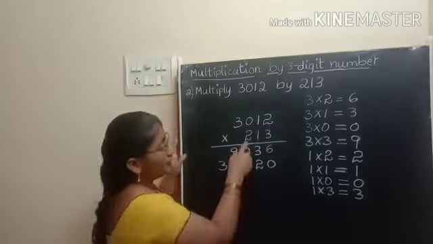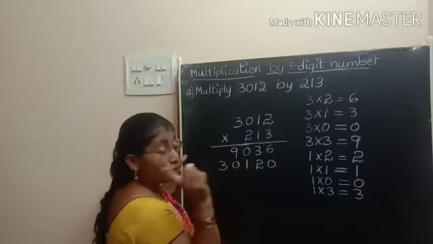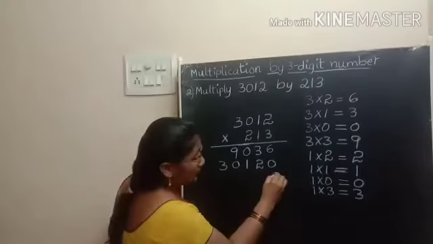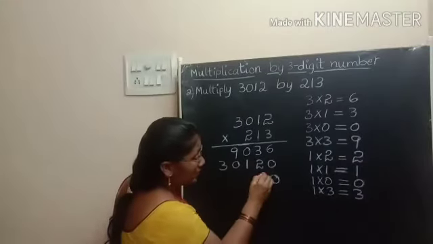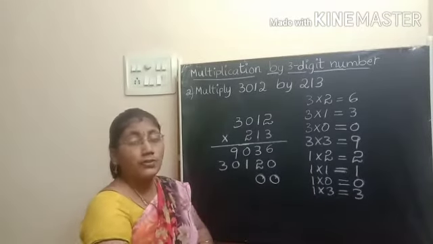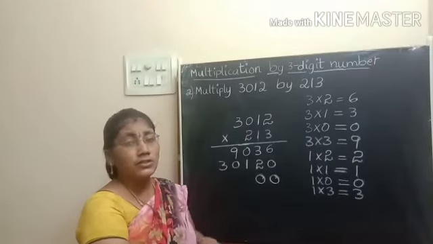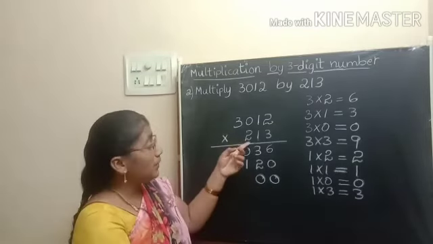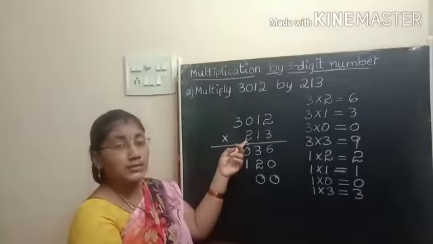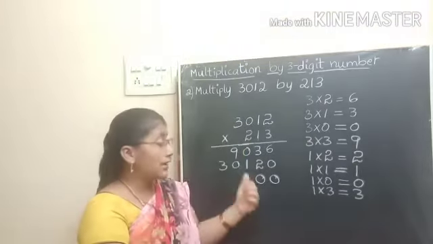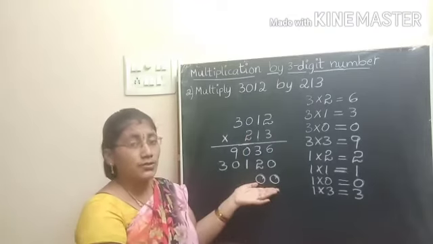Before that we should put zeros in ones place and tens place. Here we have to put 2 zeros in the third line of the result, because we are multiplying with the digit in hundreds place. So we should fill tens and ones place with zeros.